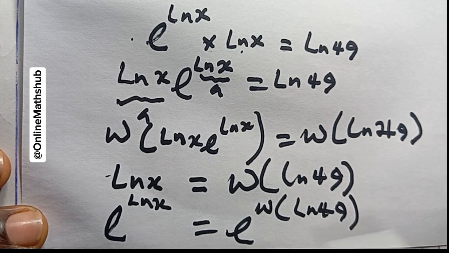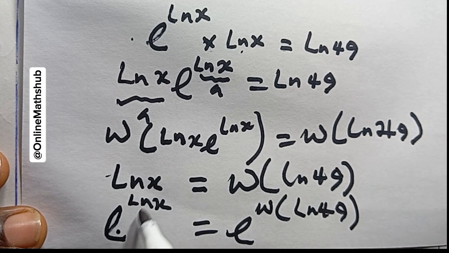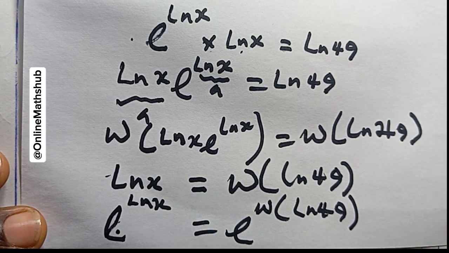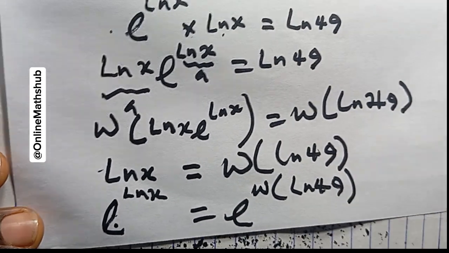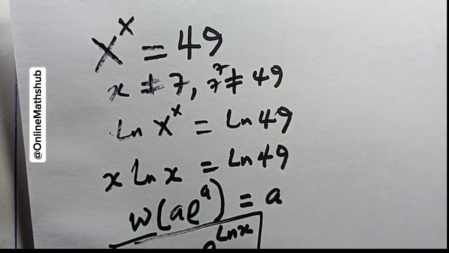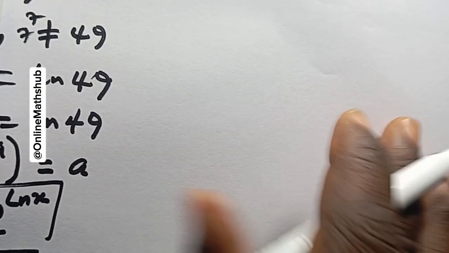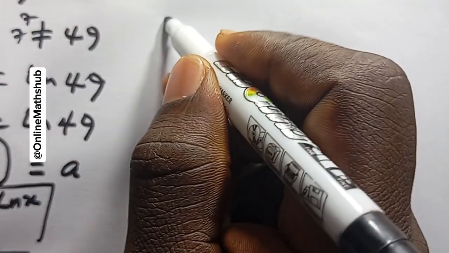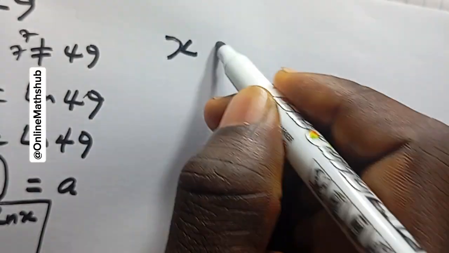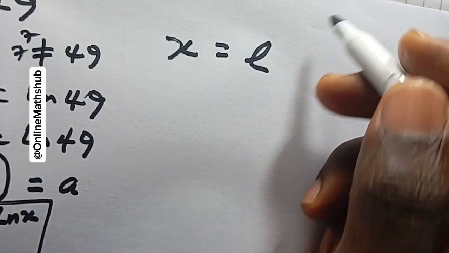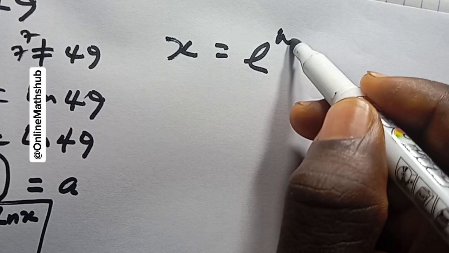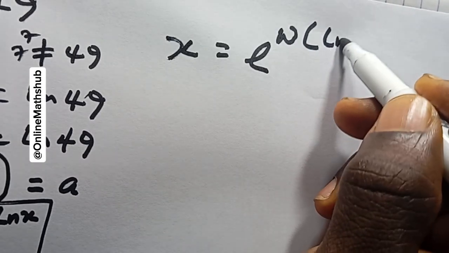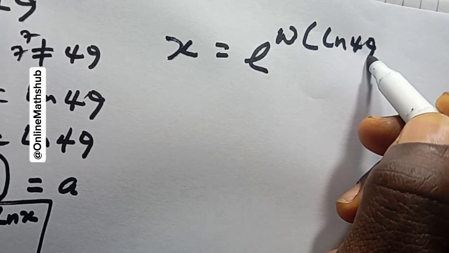And of course the exponential of natural log of x is equal to 1 times x, which is equal to x, so that eventually what we have as the value of x is equal to the exponential of Lambert W function of natural log of 49.